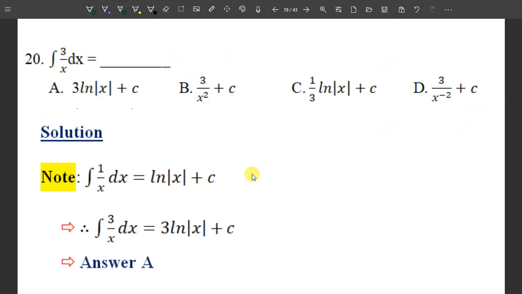This question says, the indefinite integral of 3 over x dx is equal to. That is what the question says. It's a very precise and short question, but let us see how to answer.